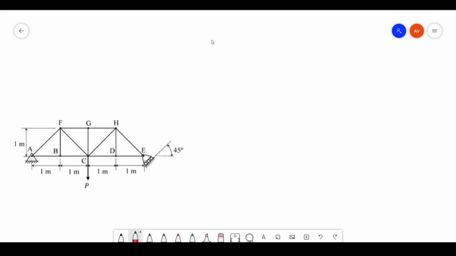Let's see the structure. We have so many points to look into. Let's think about each joint properly. Let me focus on points D and B. At point B, you can see this is your structure, this is your point B. Here you don't have any force, and your AB and BC are collinear.